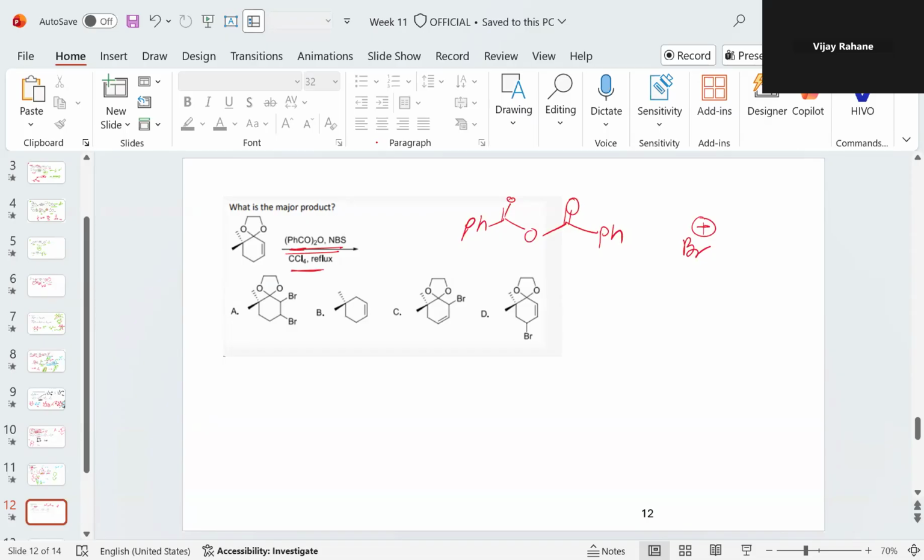So in this case, this is our starting olefin. If you look here, this anhydride is more reactive towards this olefin. So the negatively charged oxygen attacks this electrophilic center and the negative charge goes there. So basically, it forms a double bond O Ph.